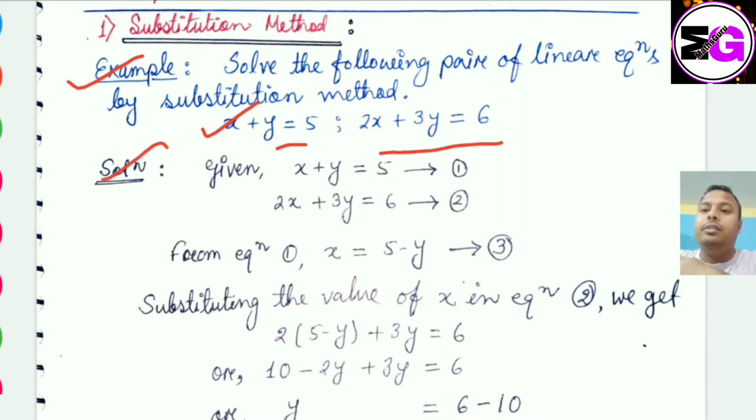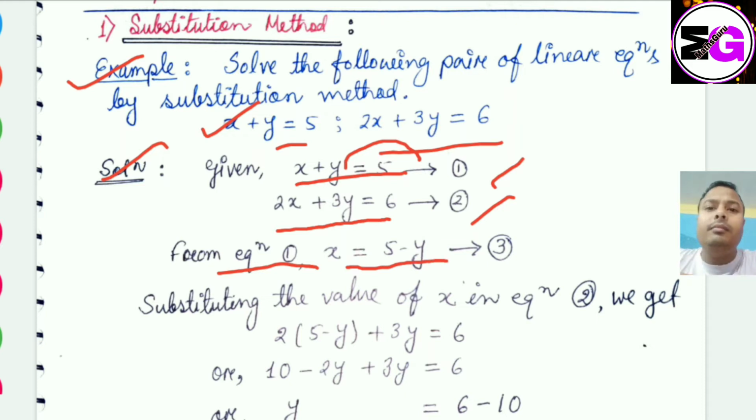Given x plus y equals 5, that is equation 1, and twice x plus thrice y equals 6, that is equation 2. From equation 1, if we move y to the other side, then x will be 5 minus y. This is equation 3.